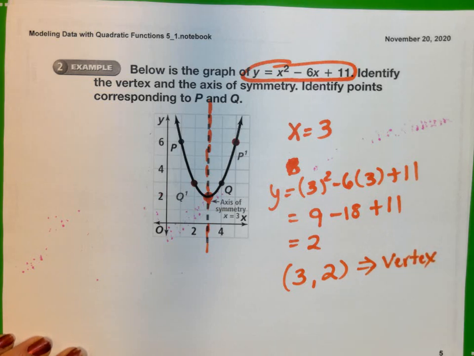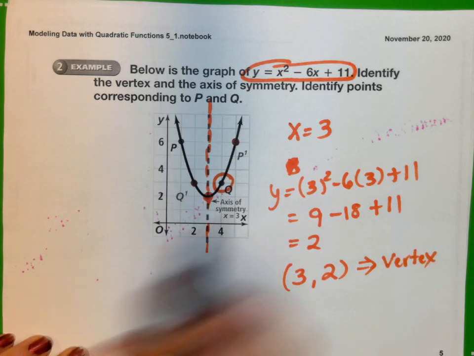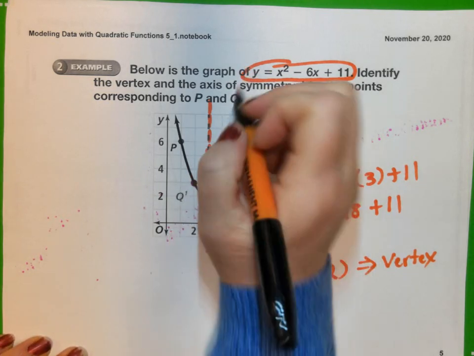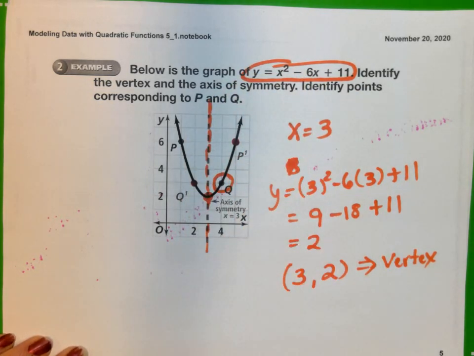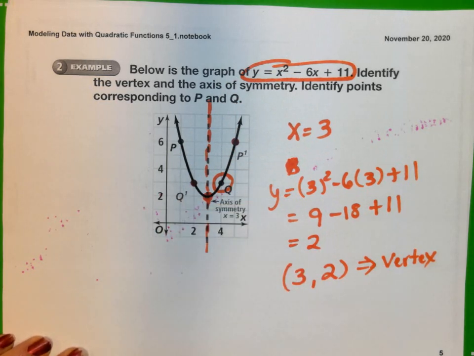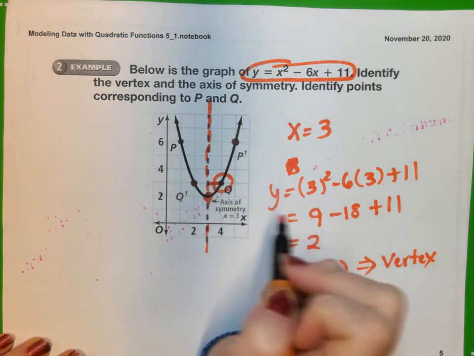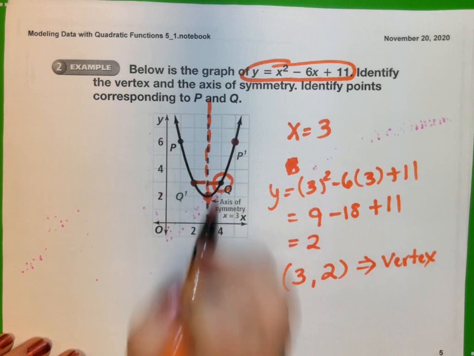So far, so good. Okay, if point Q is right here, then opposite point Q, on the opposite side of the axis of symmetry, we have what we call Q prime, or Q's partner, or corresponding point. It's the same distance from the axis of symmetry as the original point.